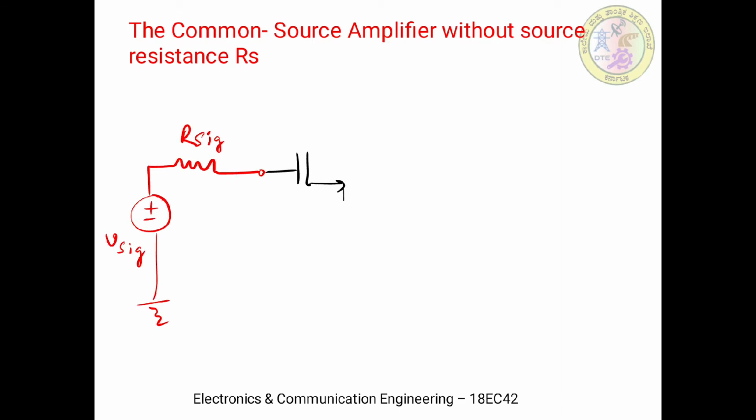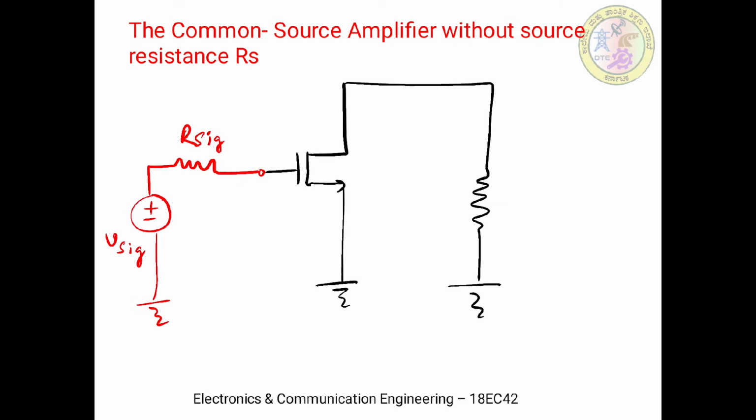Source terminal, so where we have the drain resistor RD and V0 will be measured across the drain resistor RD.